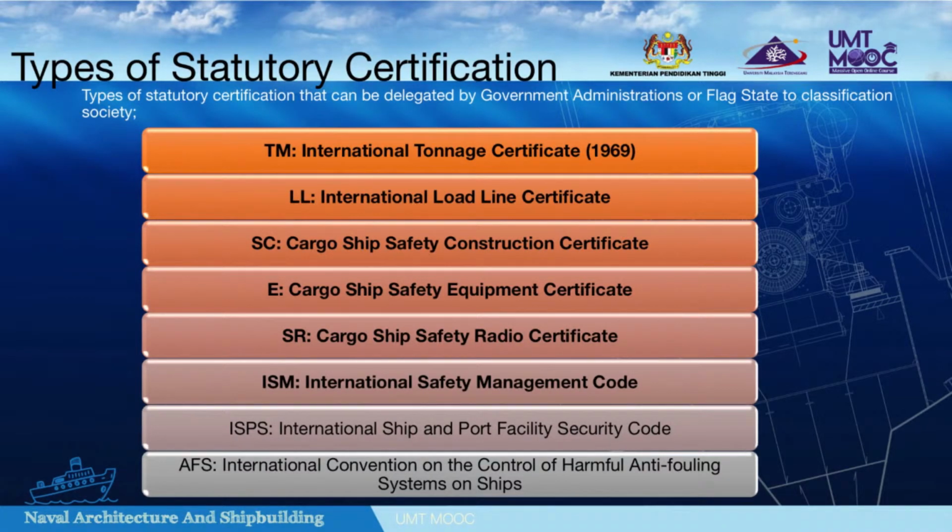Type of statutory certification that can be delegated to classification society, such as International Tonnage Certificate, International Load Line Certificate, Cargo Ship Safety Construction Certificate, Cargo Ship Safety Equipment Certificate, Cargo Ship Safety Radio Certificate, International Safety Management Code, International Ship and Port Facility Security Code, International Convention on the Control of Harmful Anti-Fouling System on Ship.